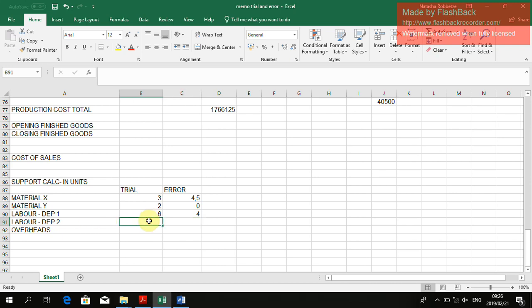Then we need to go to the second department. There's nothing for trial, but for error we have 3 times 3 rand. And then the overheads is then 50% of our labor costs.